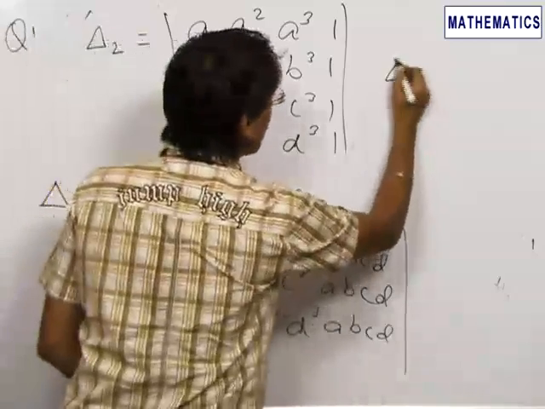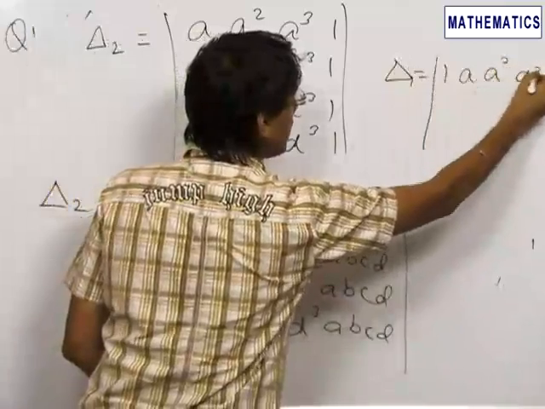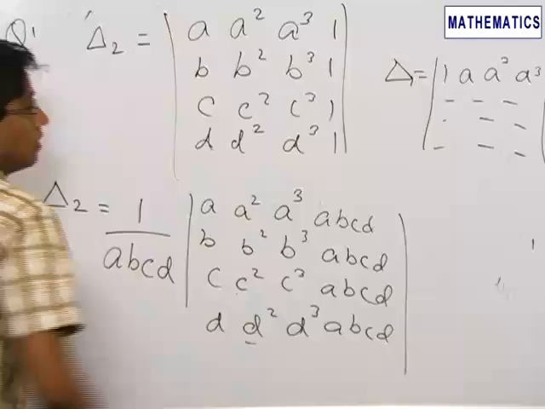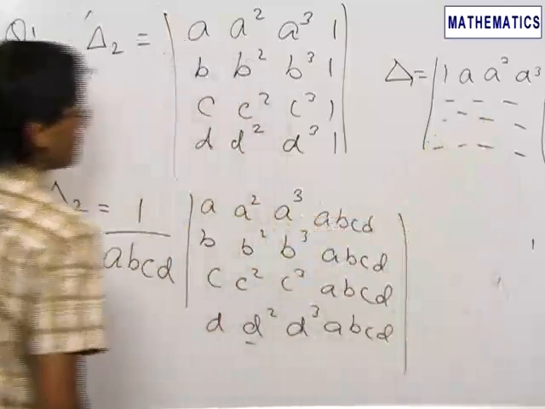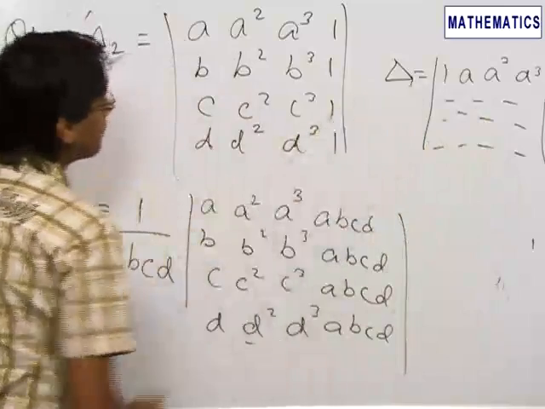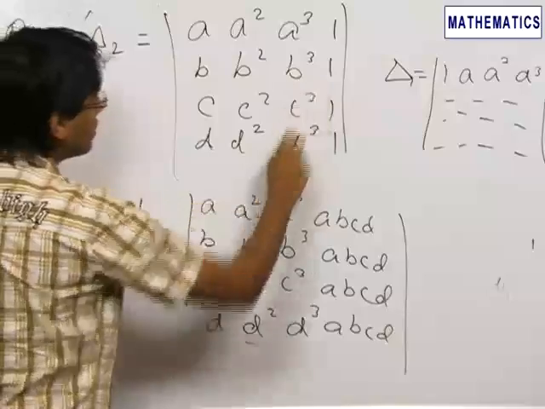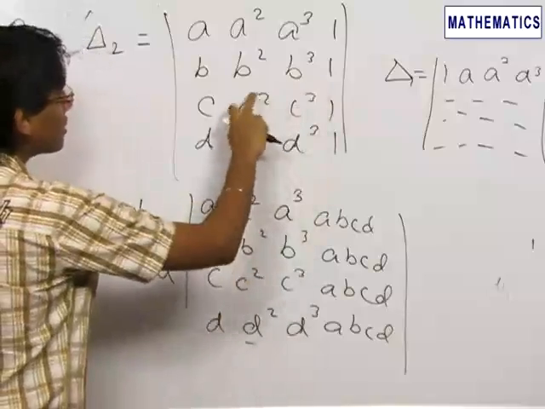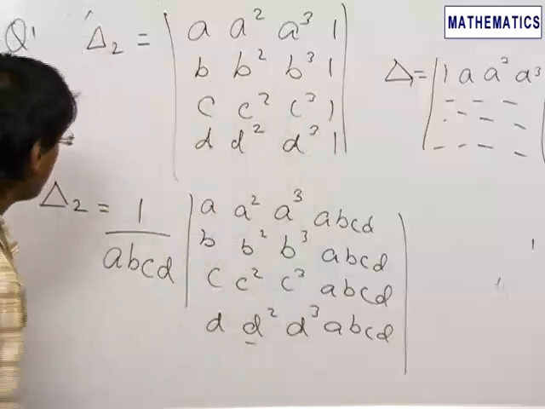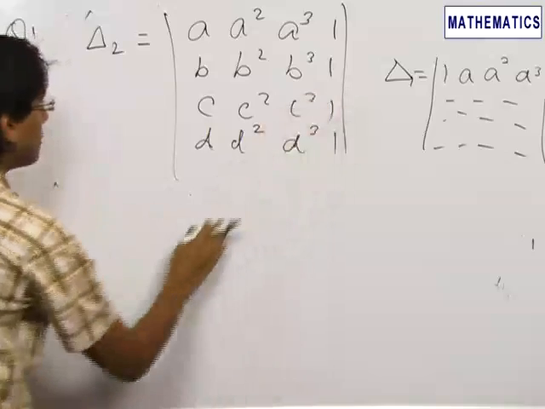Our determinant 1 was 1, a square, a cube, and similarly the other three rows. Now we can see that determinant 2 can be converted into determinant 1 by interchanging three columns. We can interchange these two columns, then the next two columns, and then the next two, so that we interchange three columns of determinant 2 to get determinant 1.